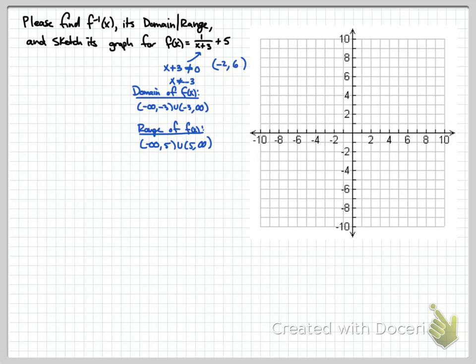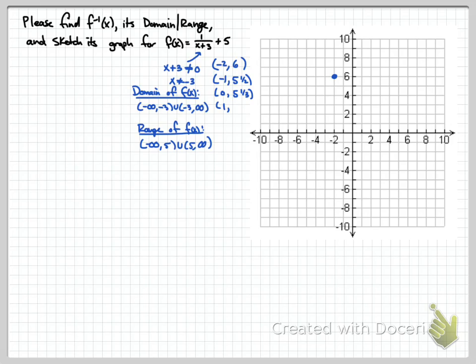I'm going to go ahead and graph that ordered pair, negative 2 comma 6. Now what happens if we start putting in inputs like negative 1? Maybe 0, or positive 1. What are all these ordered pairs going to be? Well, if I have a negative 1 right here, this becomes 1 over 2. We get 5.5. I'm even going to write it as 5.5. I'm going to do that cardinal sin of using a mixed number. If I plug in 0, I get 1 over 3, 1/3 plus 5, 5.33.